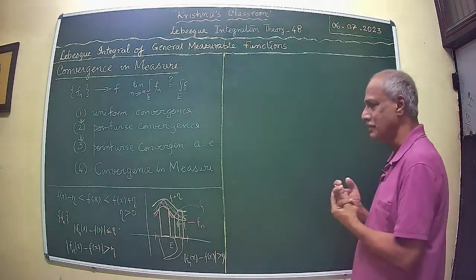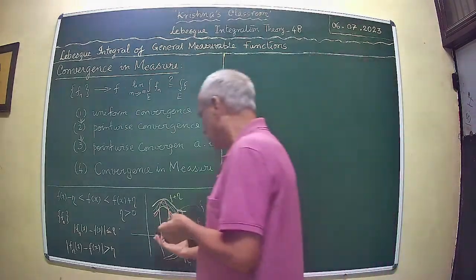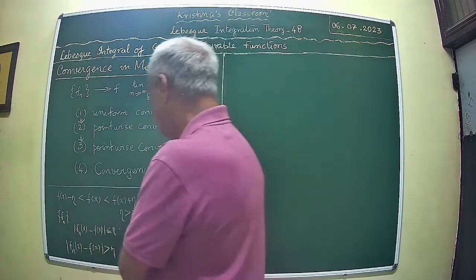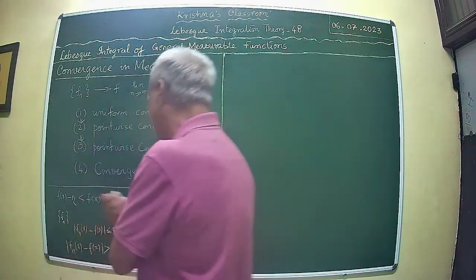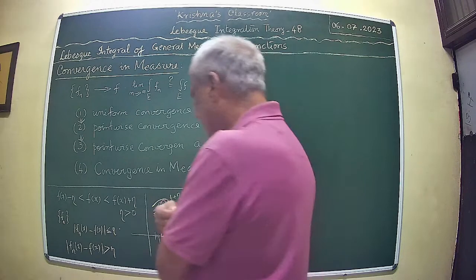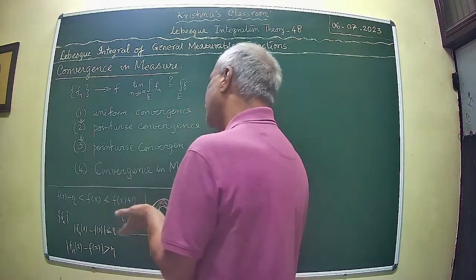That means the measure of the set on which |Fn(x) minus F(x)| is greater than eta will be going down to 0.